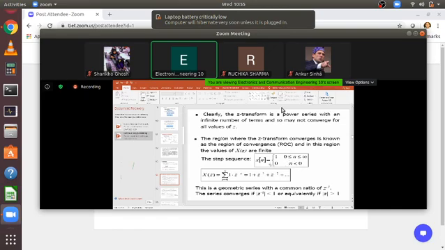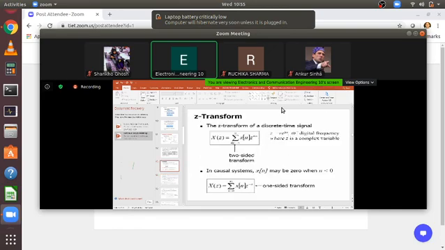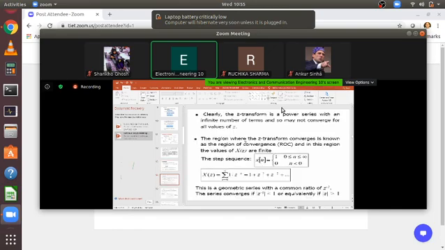Now if you take the Z transform, applying this formula, x[n] is 1 for values of n going from 0 to infinity, and you will get X(z) equal to 1 plus z to the power minus 1, plus z to the power minus 2, and so on. So this is a geometric series with a common ratio of z to the power minus 1, right? The series converges if the magnitude of z to the power minus 1 is less than 1, or equivalently mod z greater than 1.